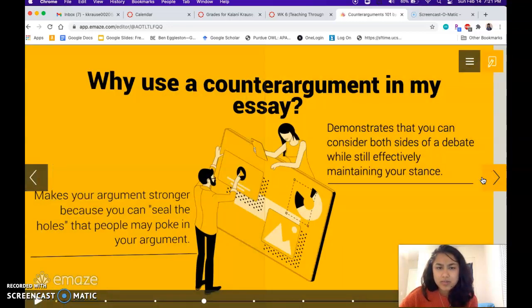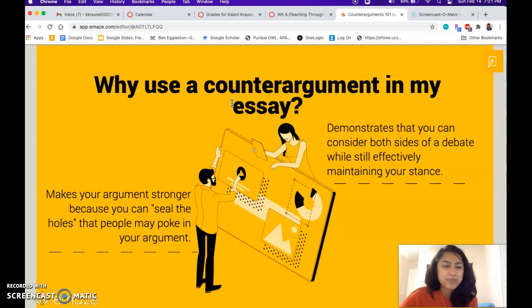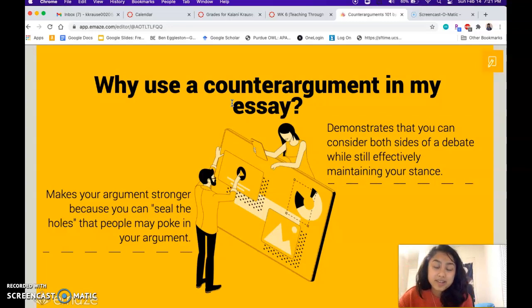Which brings us to our next point. Why use a counterargument, right? Isn't it just easier to defend my argument and not even bring up other sides? Maybe if we just ignore it, people won't even think about it. Well, it's important to include counterarguments in your essays because they make your argument stronger. Essentially, you are sealing the holes that people might poke in your argument.